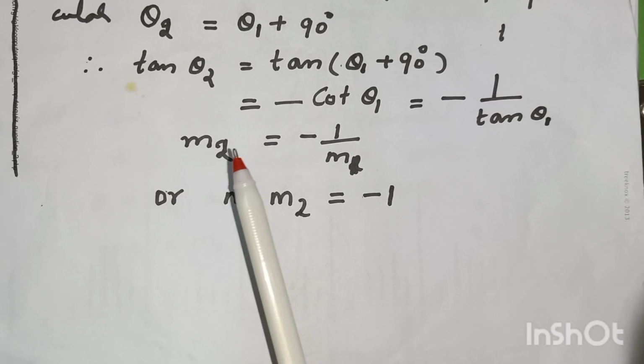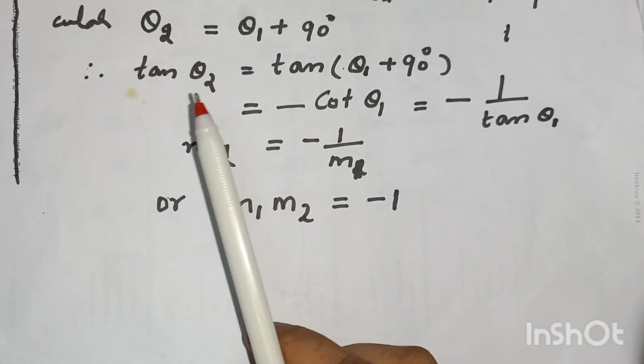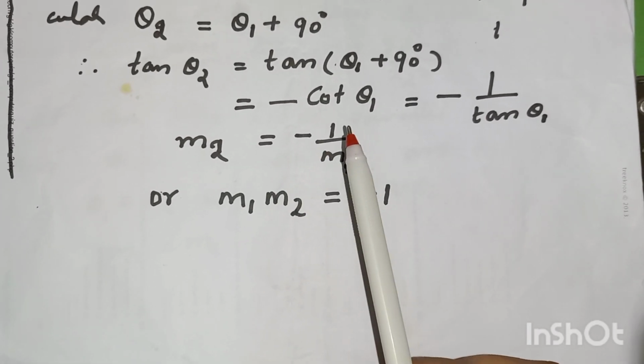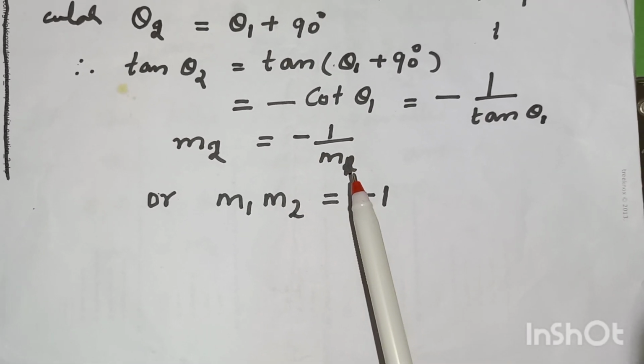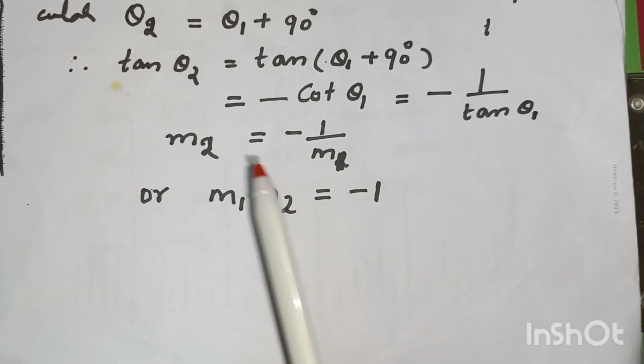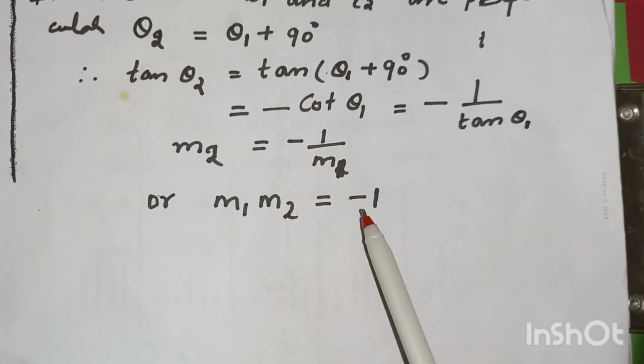So we can write m2 is equal to, tan theta 2 is the slope m2, m2 is equal to minus 1 by m1. Cross multiplying, we get m1 into m2 is equal to minus 1.